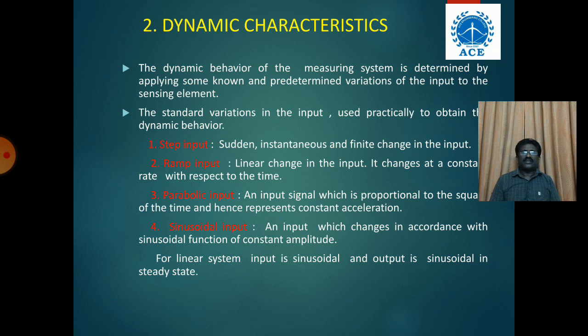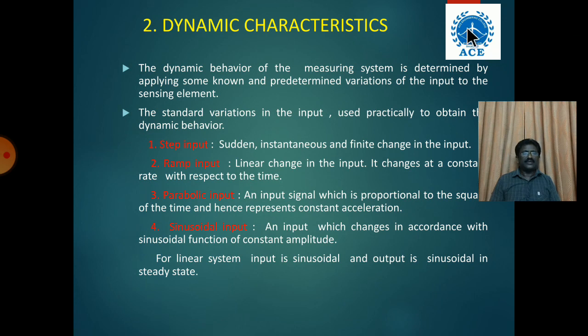In the same way, we need the help of the present input samples also. So to remember this type of characteristics, we need the help of some standard variations in the input used practically to obtain the dynamic behavior. So generally here I am trying to take four input signals.